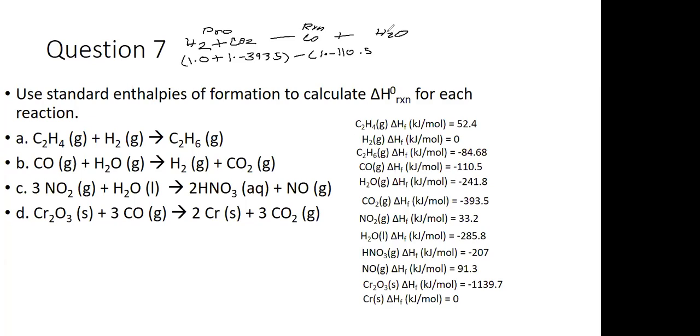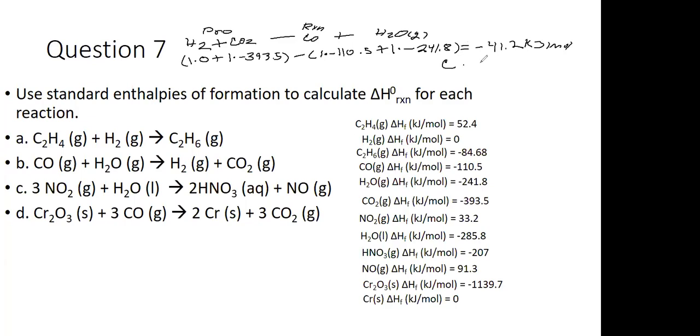Make sure you're picking the right H2O because I do have an H2O liquid in there. So plus 1 mole of H2O gas, which is 1 times negative 241.8. And when I do that, I got negative 41.2 kilojoules per mole.